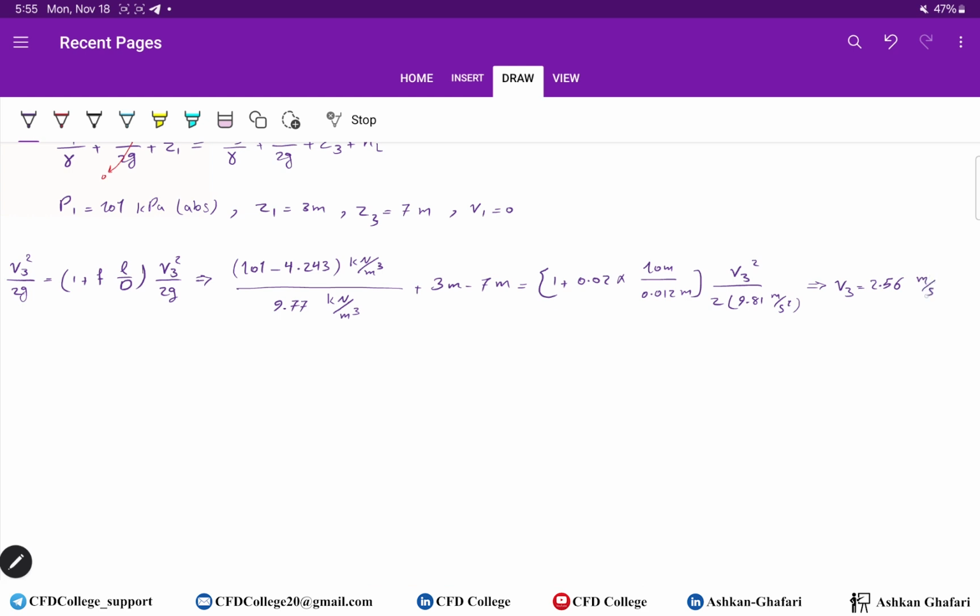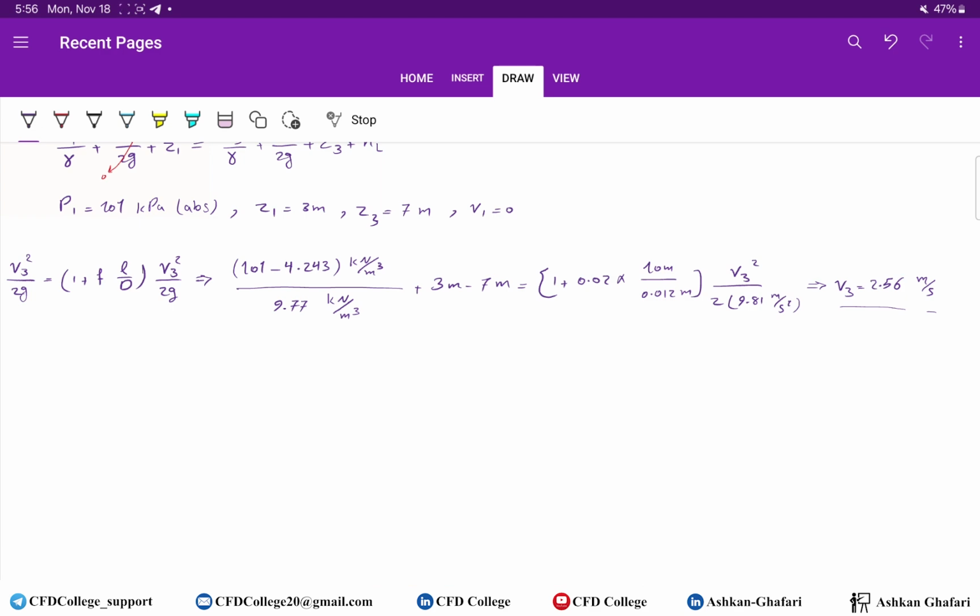So from this you can find V3 equals 2.56 meters per second. Now we know that if we have cavitation at point 3, which is actually the critical point in the system that we have, velocity should be 2.56.